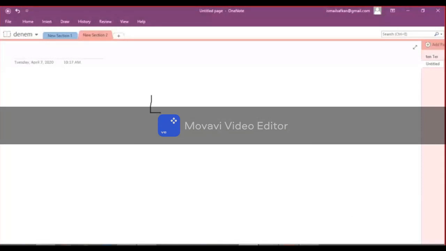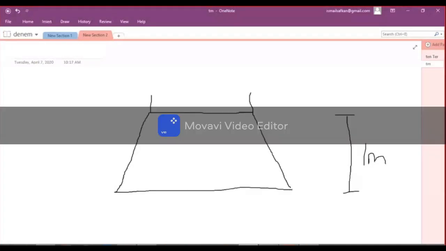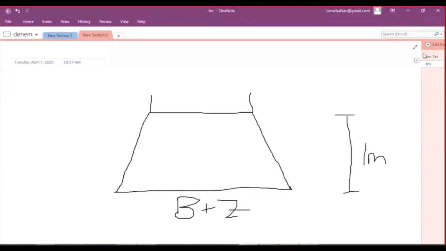It says if your foundation is at 1 meter depth, it will grow 50 centimeters from both sides. So it will be B plus Z, and the same way L plus Z. So your stress will be reduced.